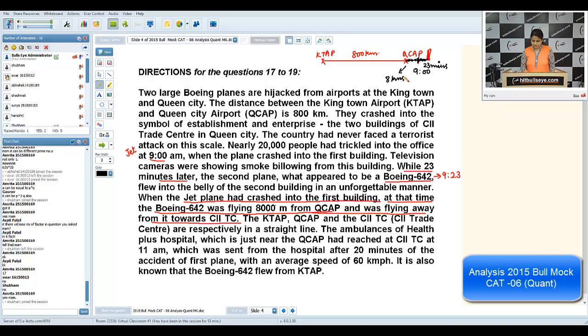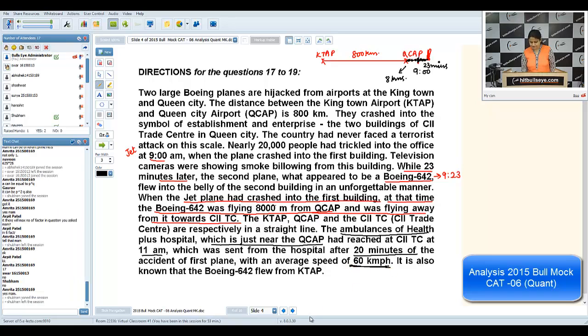And then there is a story of an ambulance. The ambulance of Health Plus Hospital, which is just near the QCAP, had reached at 11 a.m., which was sent from the hospital after 20 minutes of the accident of the first plane with an average speed of 60 km per hour. Now, the ambulance started at 9:20 and reached at 11.